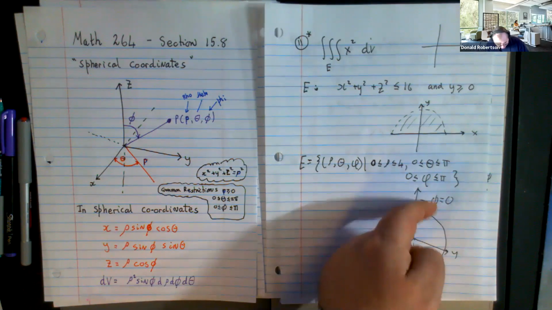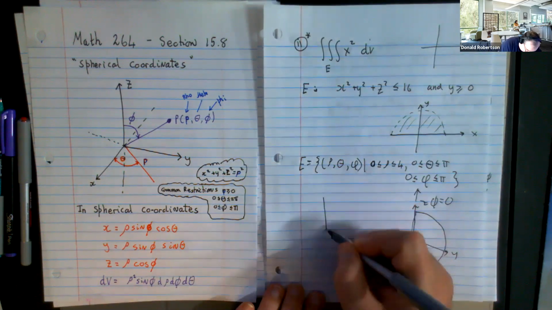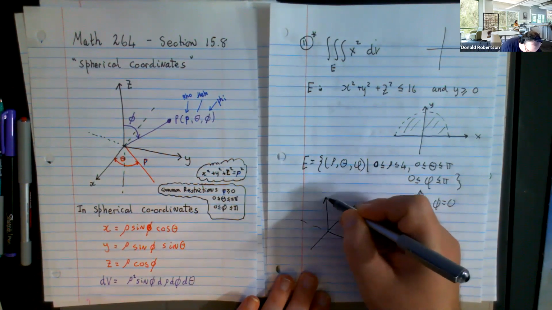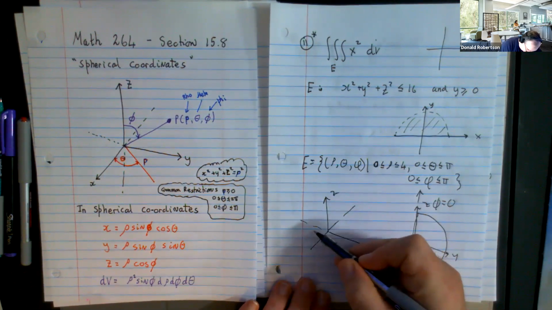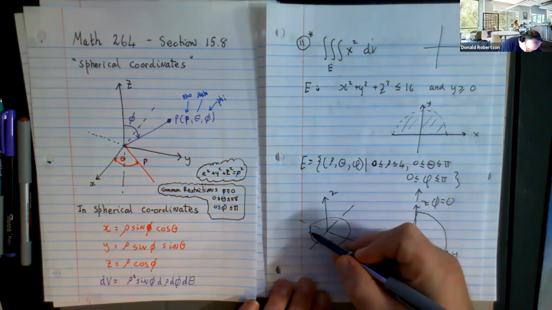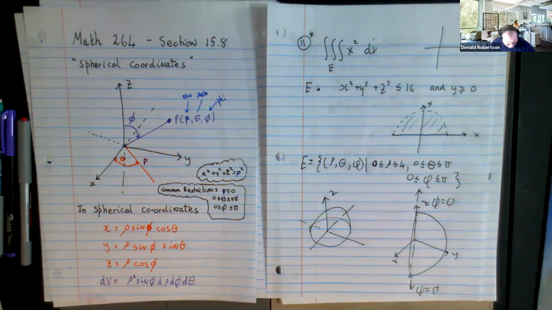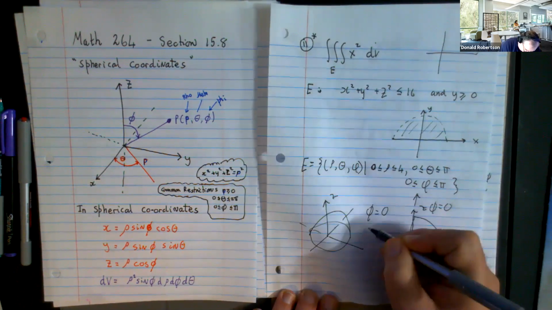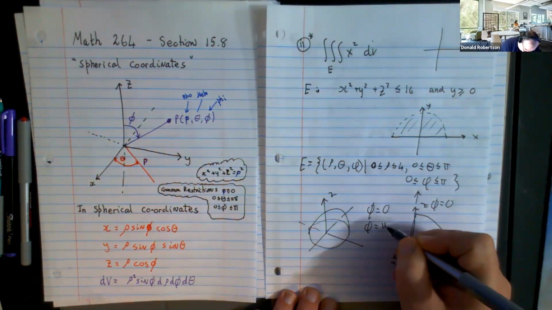How about this orientation, where the half sphere is above the XY plane? Wouldn't phi go from 0 to pi upon 2?